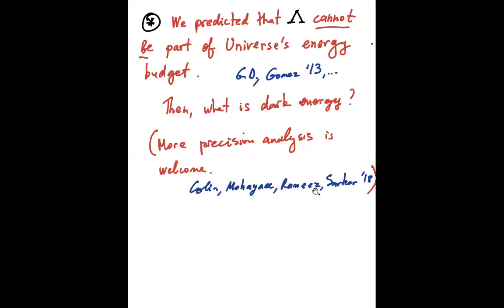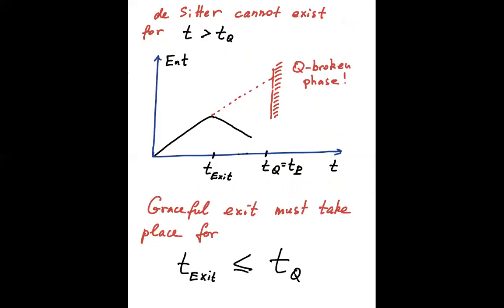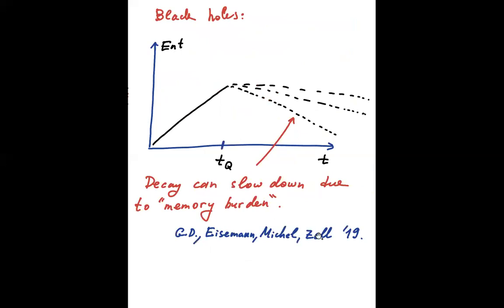Yes, very good, thanks. This idea of trying to apply this slowdown to primordial black holes is new. We wrote a paper with Lucas Eisenman, Marco Mitchell, and Sebastian Zell.